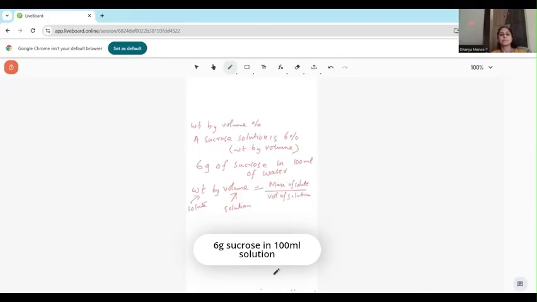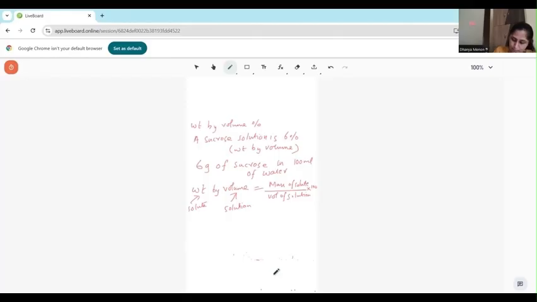So this is the formula. The first one refers to the mass of the solute, the second one refers to the volume of the solution. This formula you have to keep in mind. So let's do a question. There are two questions. Hope you have taken the screenshot of the question.